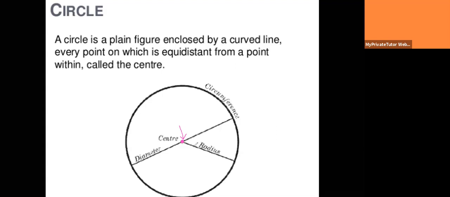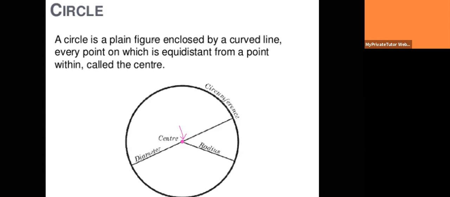And the diameter is nothing but twice the radius, or else we can say the diameter is the distance from one edge to the other edge of the circle, which passes through the midpoint, which is the center.